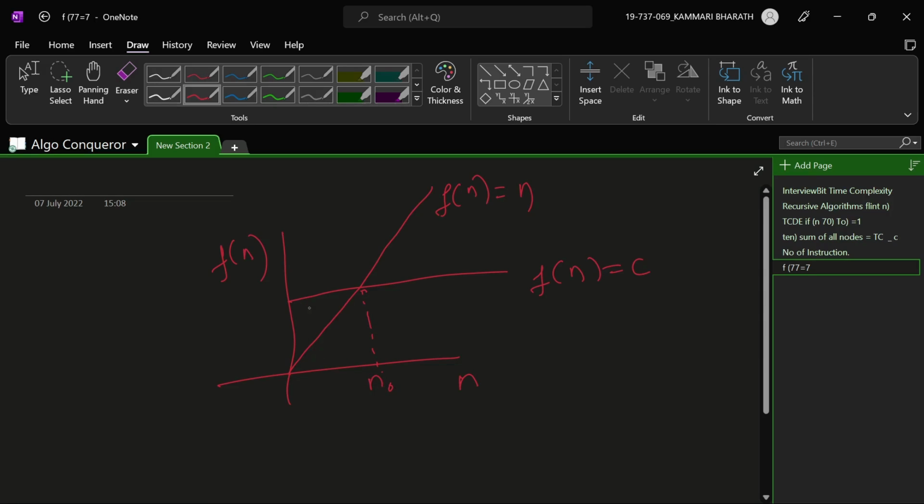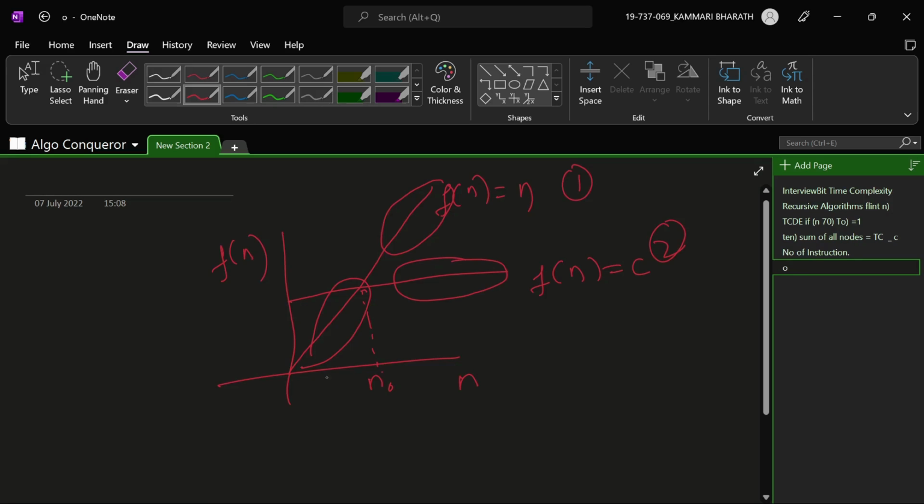Let's name these functions: this is the first function and this is the second function. Until n naught, the second function is greater than the first function, isn't it? At n naught, both are equal. And after n naught, the second function is less and the first function is greater.